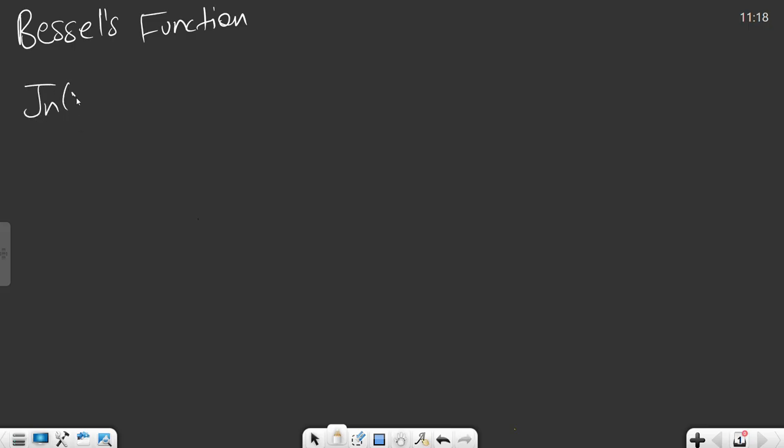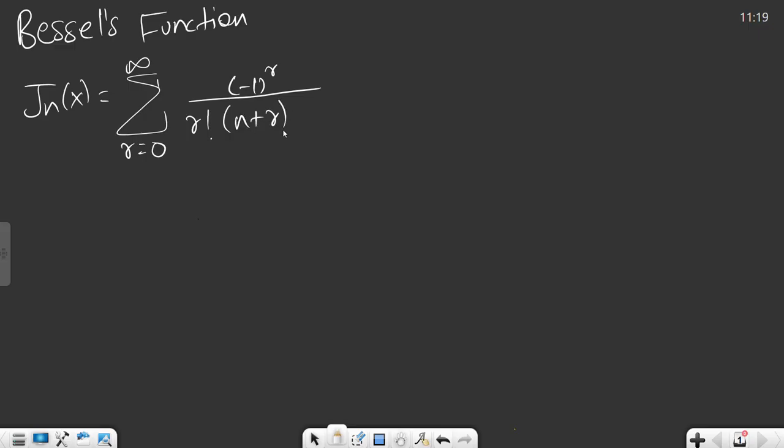We are going to derive the Bessel function, that is J sub n of x, the infinite sum as r goes from 0 to infinity of negative 1 to the r over r factorial times (n plus r) factorial, times x over 2 to the n plus 2r.